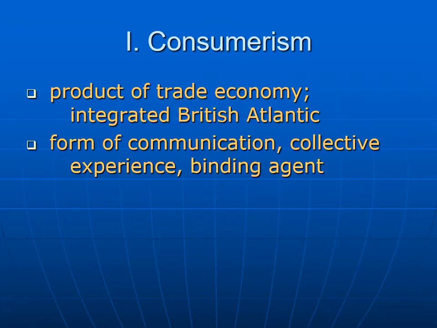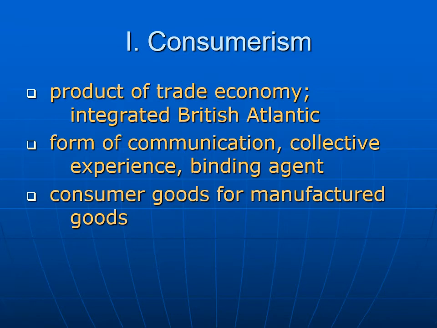And they could take the money from the sale of those crops or ships or tobacco and buy things produced in Europe, manufactured goods. So a lot of commerce crisscrossing the Atlantic.